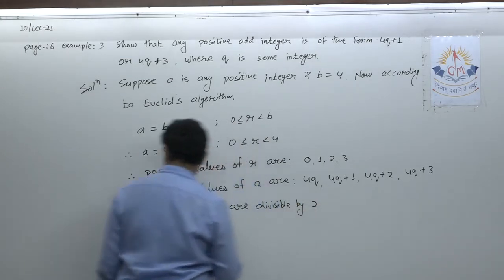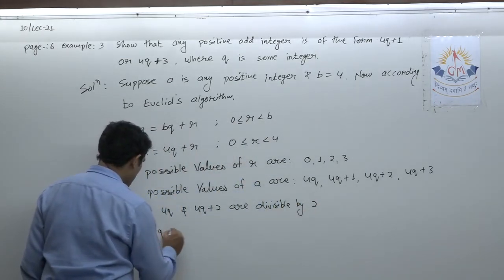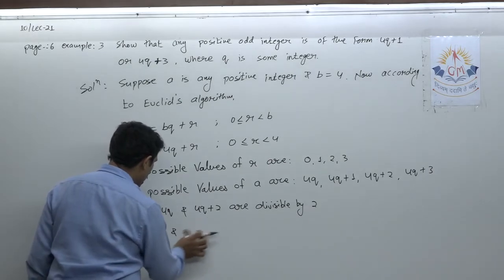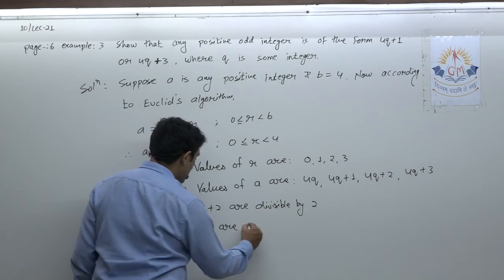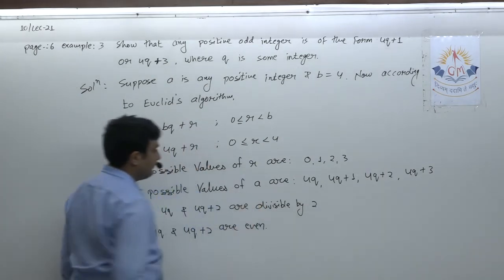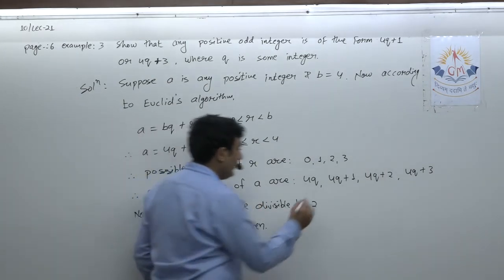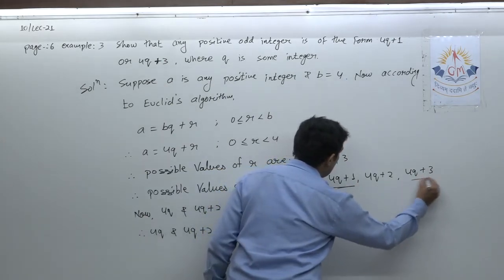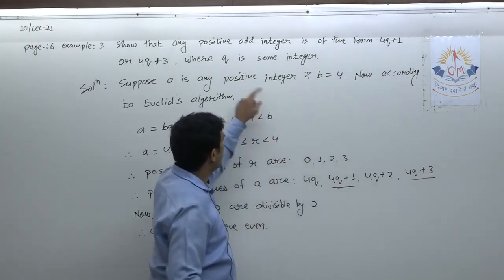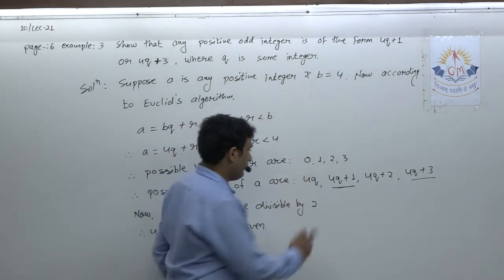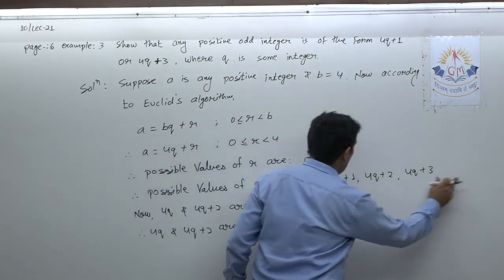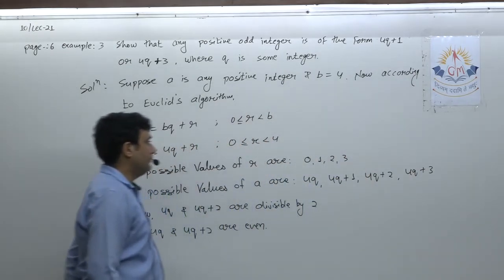Therefore 4q and 4q plus 2 are even. Now we'll do the other two separately because here we have to show they represent odd integers. But first of all, note it down, then we'll see how to solve it further.